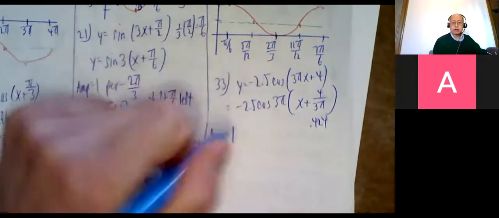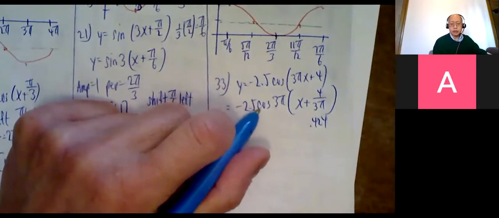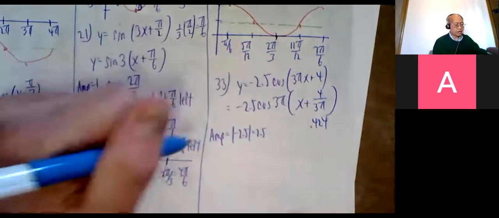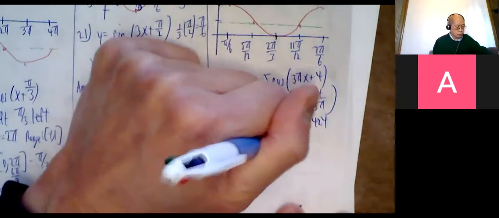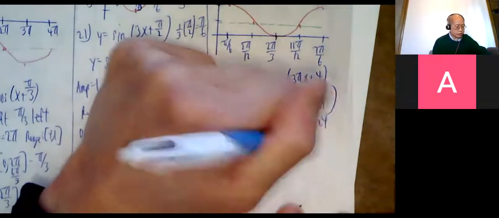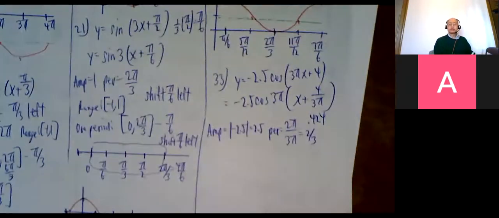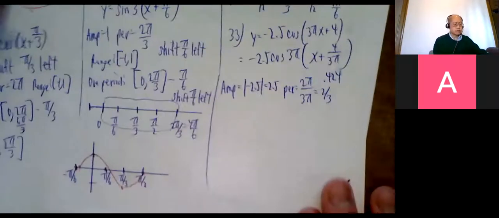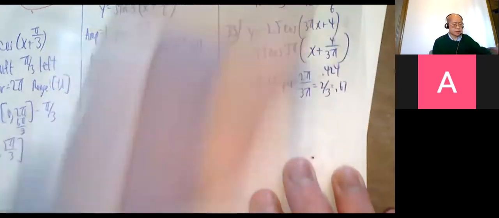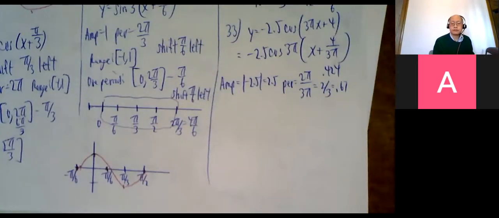Amplitude is the absolute value of A. A is the coefficient of the cosine function here. So the absolute value of negative 2.5 is 2.5. Period is 2 pi divided by B. 2 pi divided by 3 pi is just 2/3, which is about 0.67. All right, so to graph this one, they say just do approximately.